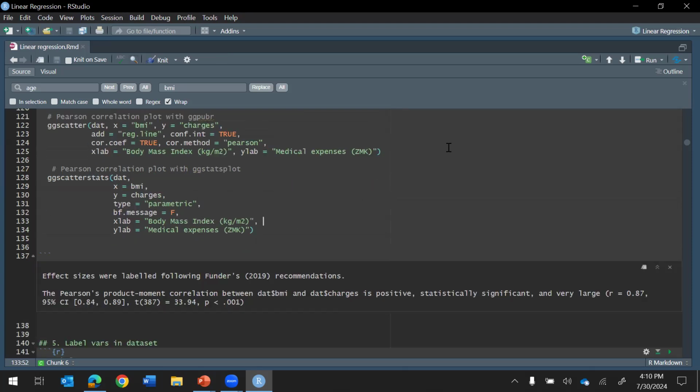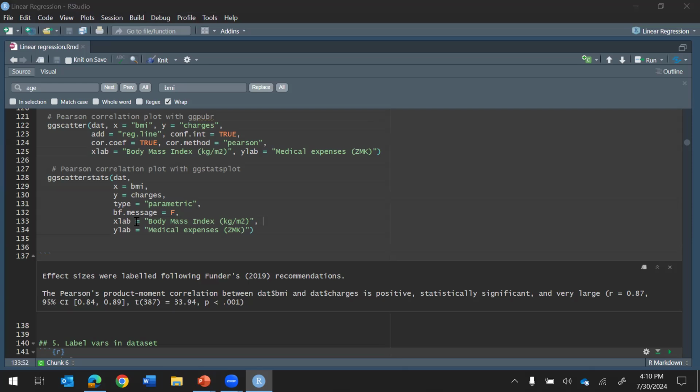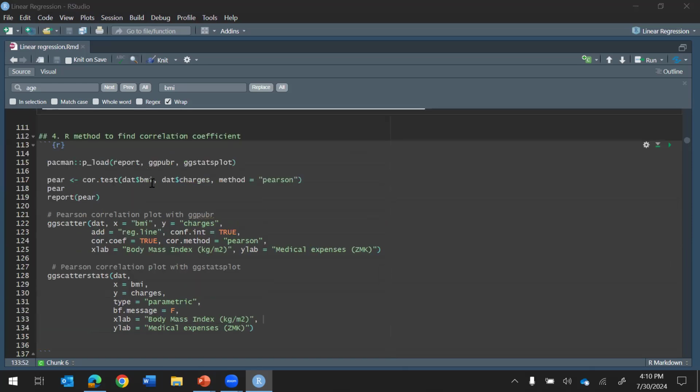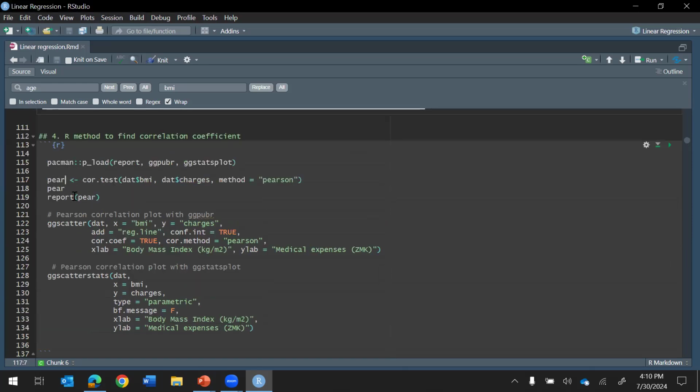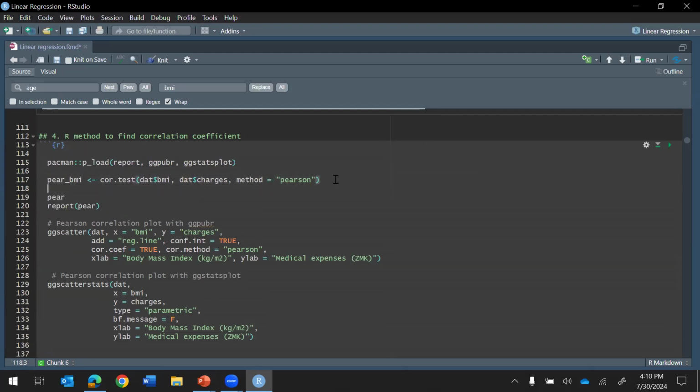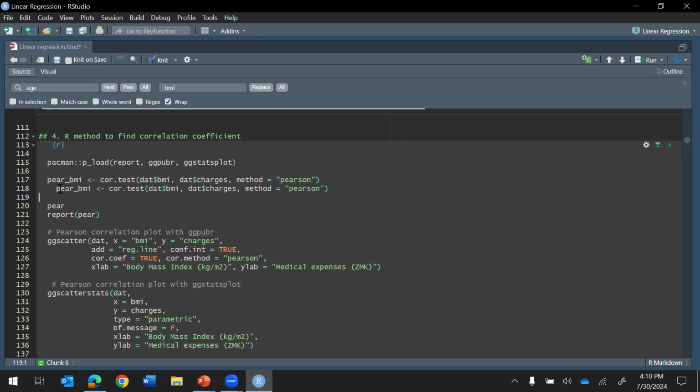And if you remember, we did run the correlation, so let's do that again. Let's call this one BMI so that it's clear to people, and then we can call the other one age.